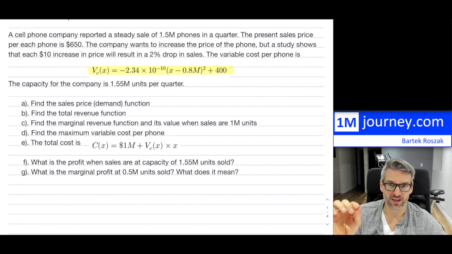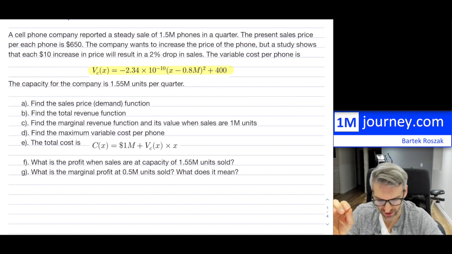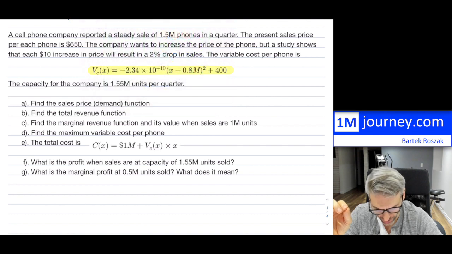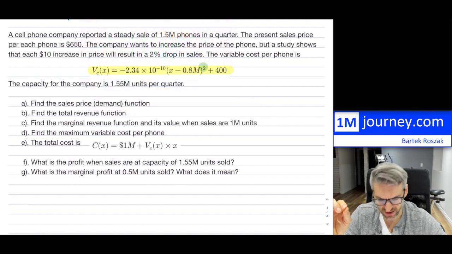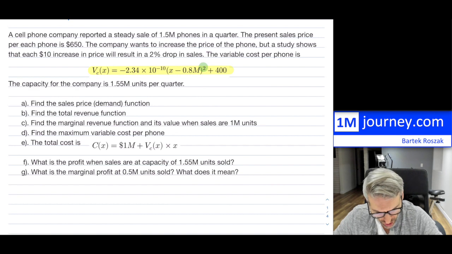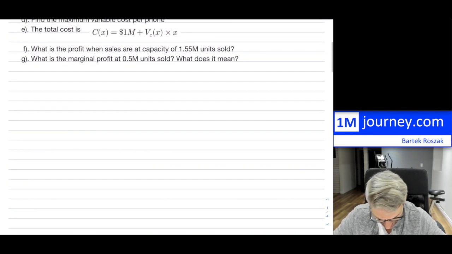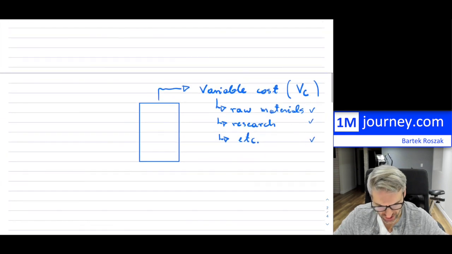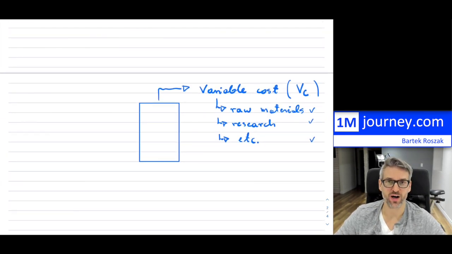As it goes in, it looks like it's some kind of a quadratic, you have a squared term there. Now, we may not know where this comes from. We don't actually care, but we do want to know what this function is. So this would have been just the variable cost per one phone. Okay, so hopefully you can understand now that variable cost.